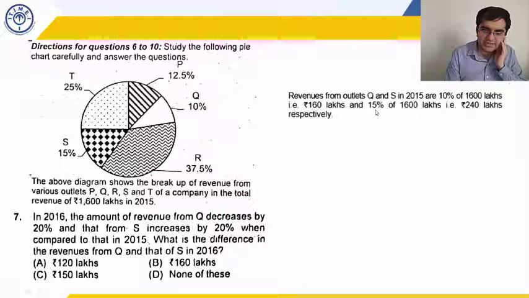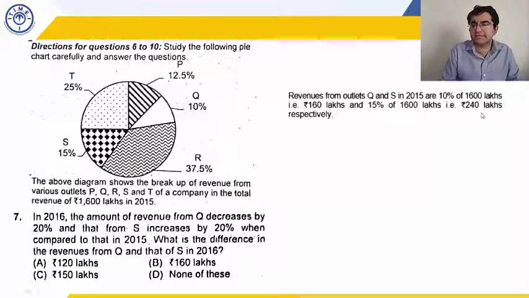Okay. So you can write under 15%, 10% plus 5%. And under that you write down 10% is 160, 5% is 80. So you get 160 plus 80 as 240 lakhs. So now you got the revenues in 2015. Okay, 160 and 240.